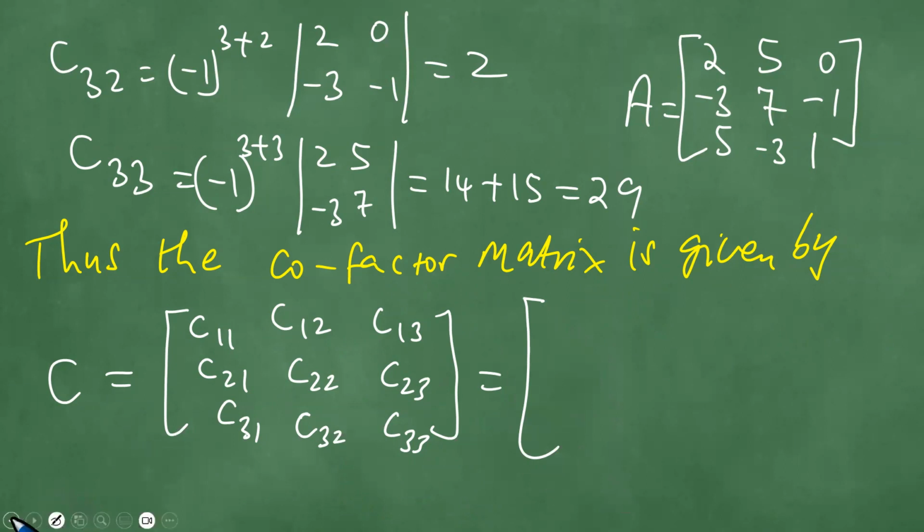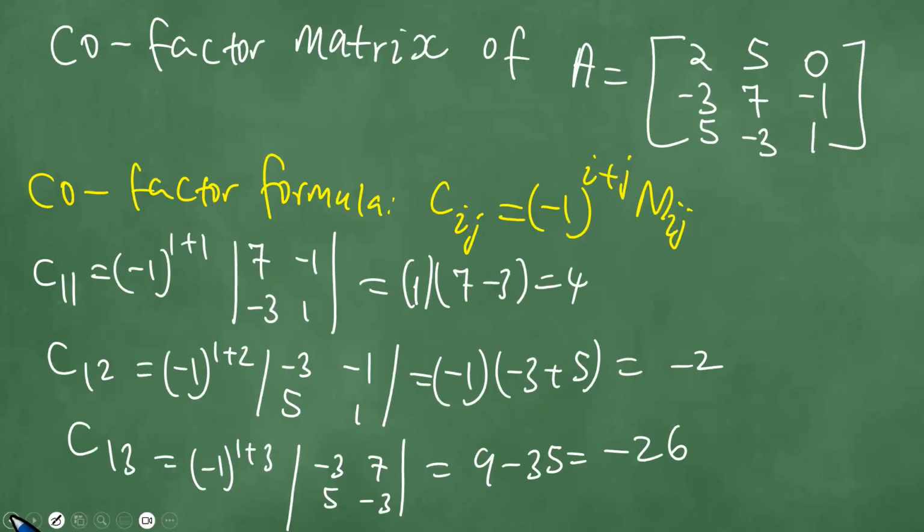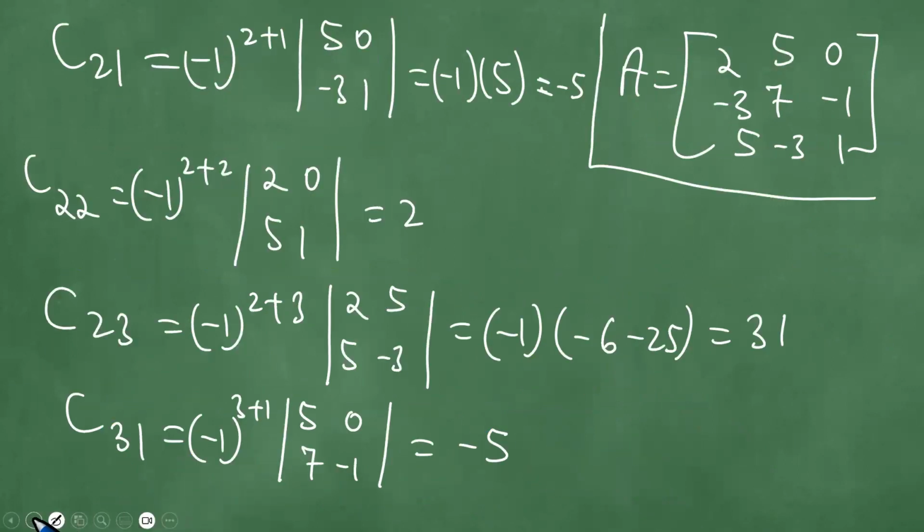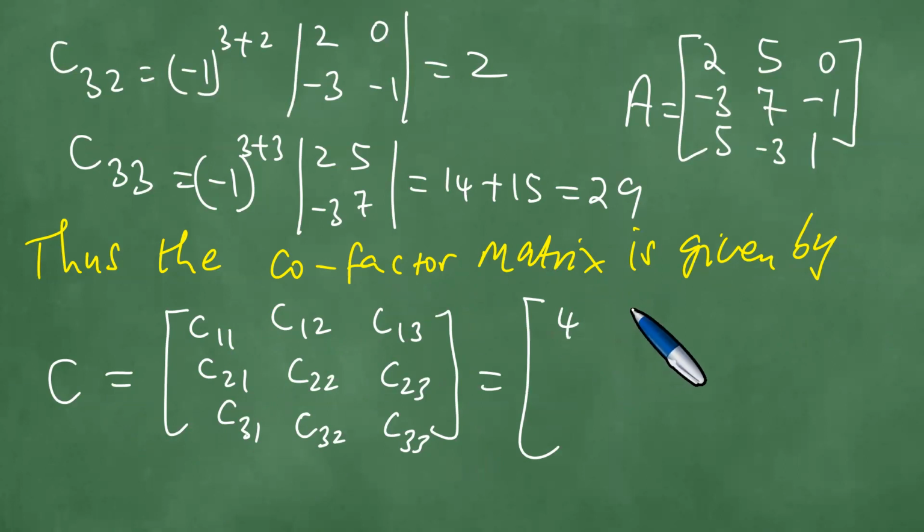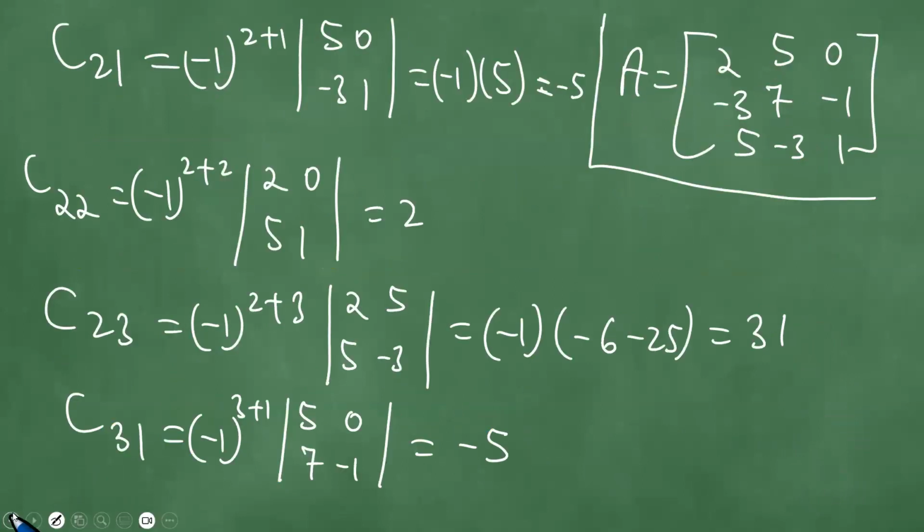What is C11? So now the first row is 4, minus 2, minus 26. Let us check the second row, C21, C22, C23.